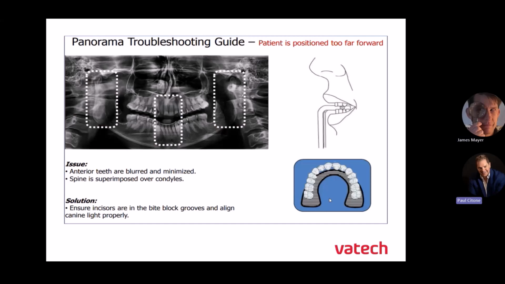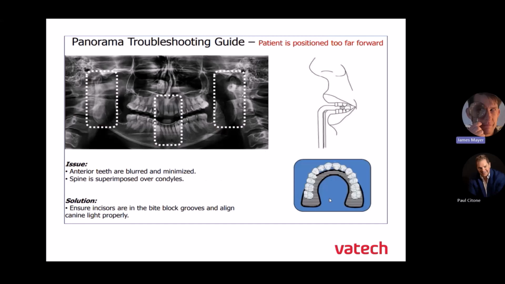Well, we see blurry anteriors, and even in this one, the spine position is out of position. You want that spine as upright as possible, even before they bite on the bite stick. Visualize where that spine is, have them bite in the bite grooves, and make sure they're biting in the bite grooves to avoid this issue.